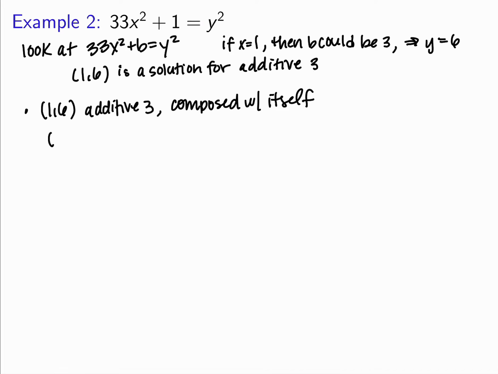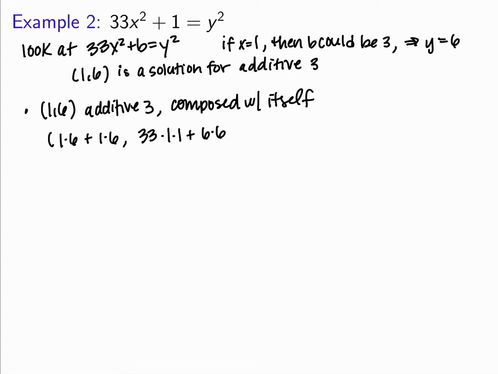So remember, it was the u times the v plus the other u times the other v, which matches here because we're composing with itself. The d value, which is a 33 here, times the u's, plus multiplying the v's together.